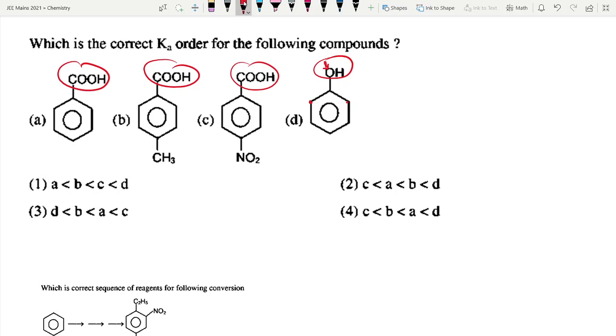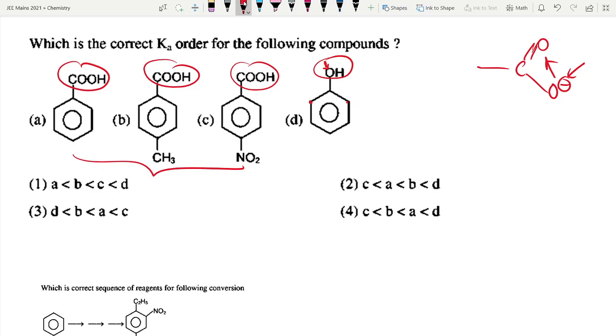But in benzoic acids, which are carboxylic acids, if an H+ is released, the negative charge appears at one oxygen and can be shared by the second oxygen also, and 2 oxygens are much better than 1 oxygen plus 3 carbons. So these are the very basics of acidity, if you remember.